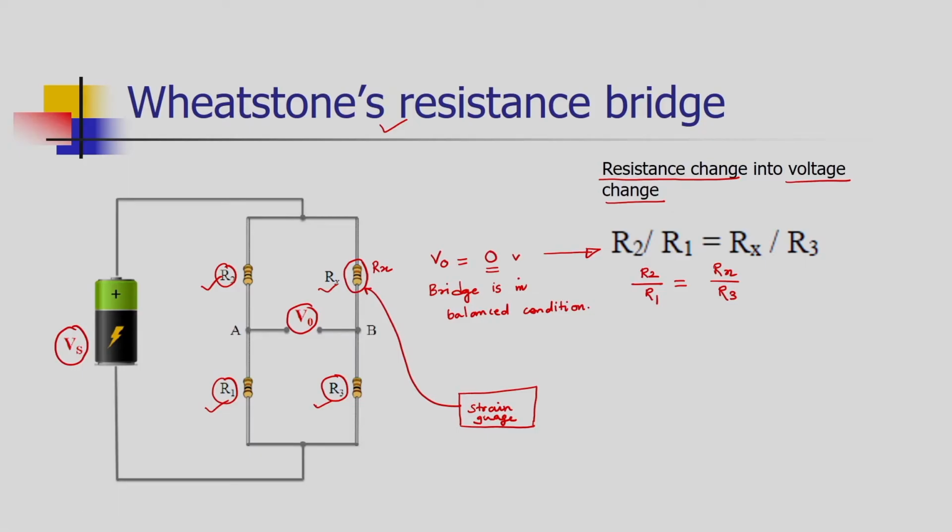For no load condition, the strain gauge is providing a certain resistance, that is Rx. For this Rx we choose the values of R1, R2, R3 such that this equation is satisfied.